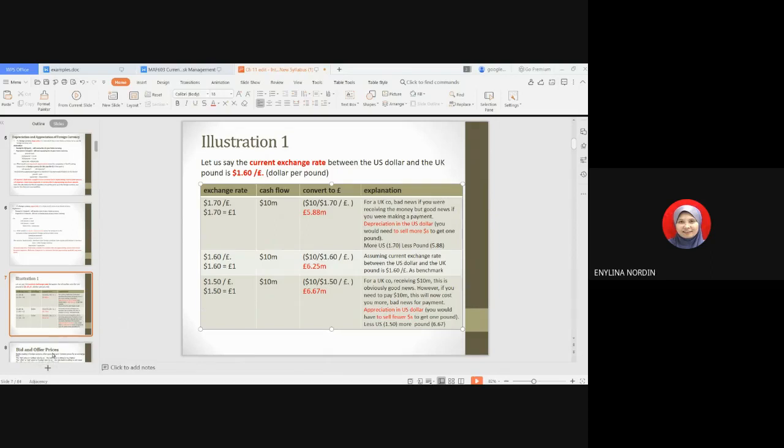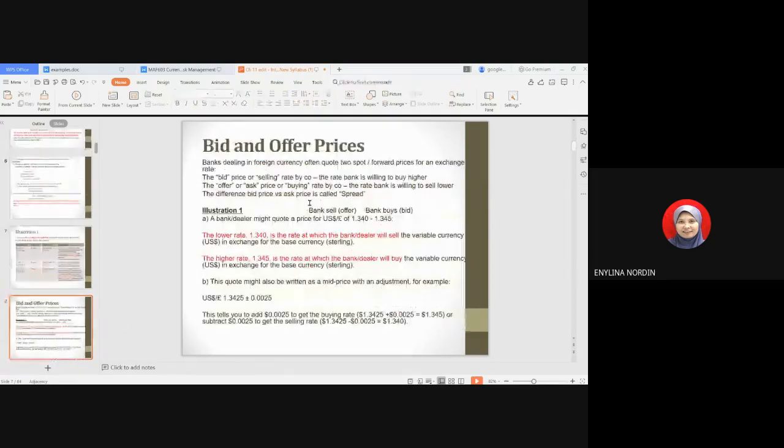All right. The next part that you need to know in this topic is about bid and offer prices. Basically, this is dealing with banks, when we exchange currency from home currency to foreign currency, or from foreign currency to home currency.